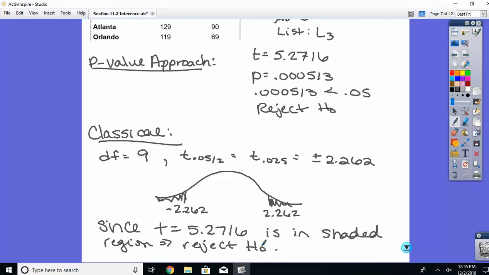I didn't really talk about how to do the T value by hand. We just got it off our calculator. Are you interested? We'll go through it. Okay. So find the T value by hand.